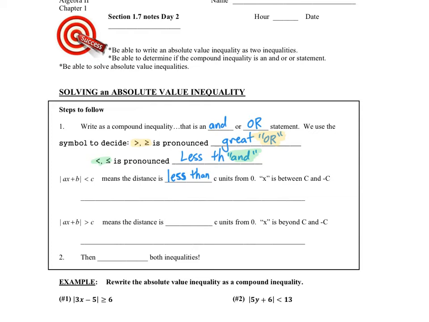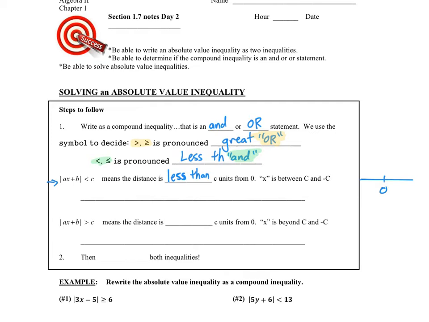So if you look at the first absolute value inequality, it says that the absolute value of ax plus b is less than or equal to c. So what that means is if you're at 0, c is some number, right? It could be 5, 6, 7, 8, 9, 10, could be any number.